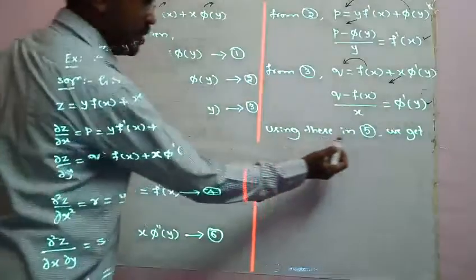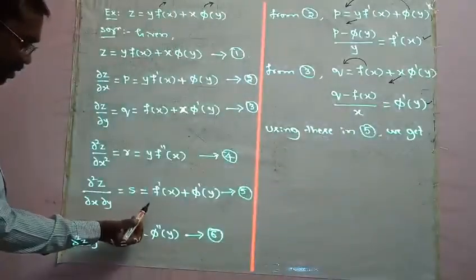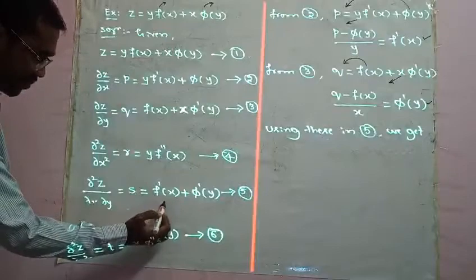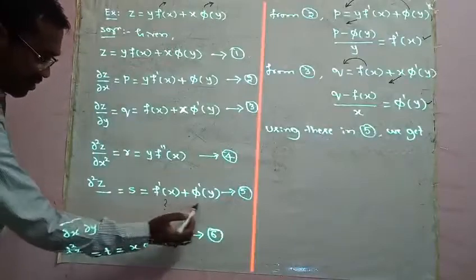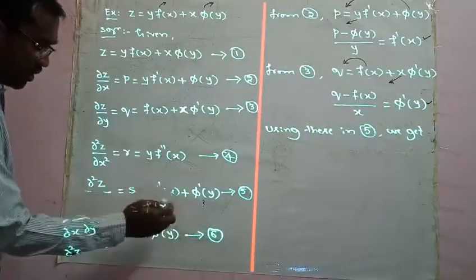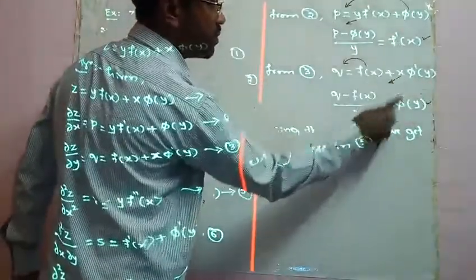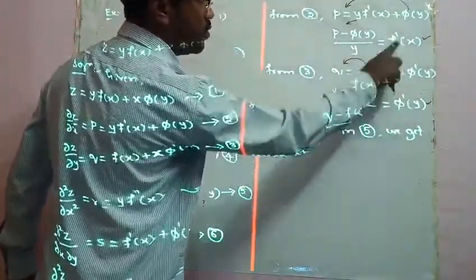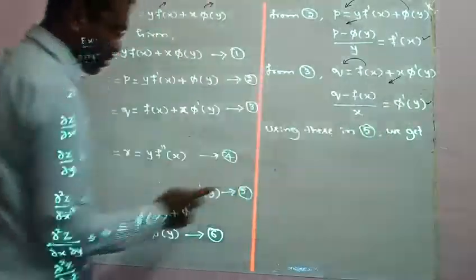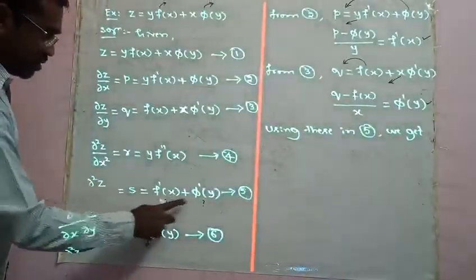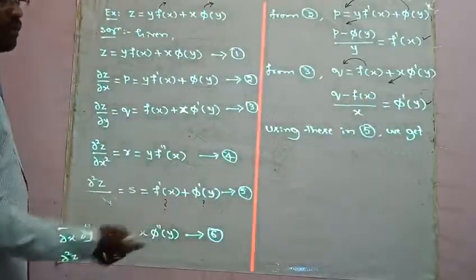Using these in 5. See here, in 5 we want f dash of x and phi dash of y, which is what we have here and here. Now let us use these two in these places in equation number 5.